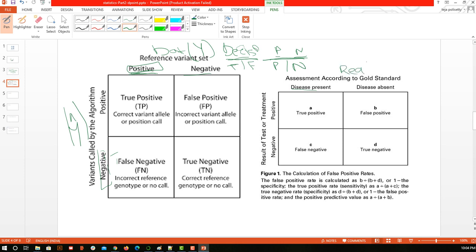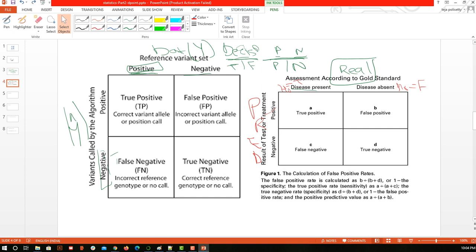This is real. Let me try another color. And this is our predicted, PRED. When the diabetes was present and we said that it is present, positive means we said it is present. Here this is treated as H naught is equal to true, and this is H naught is equal to false.